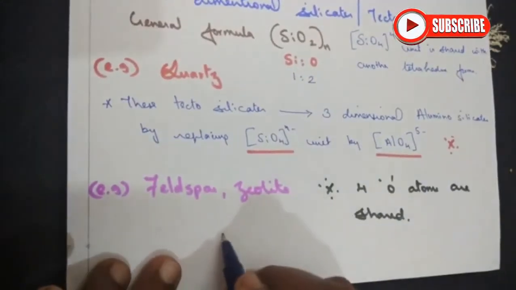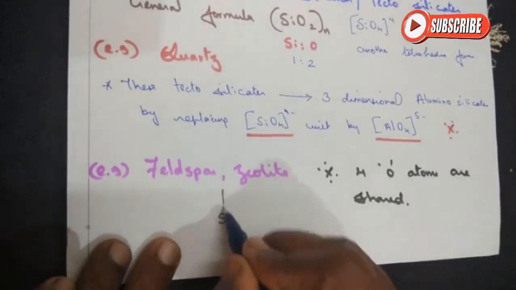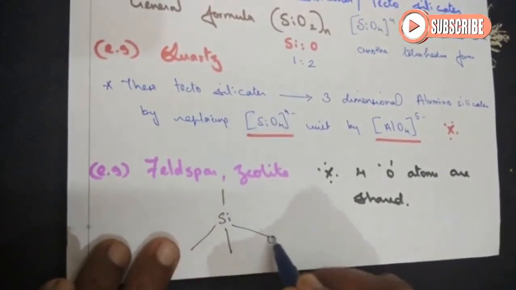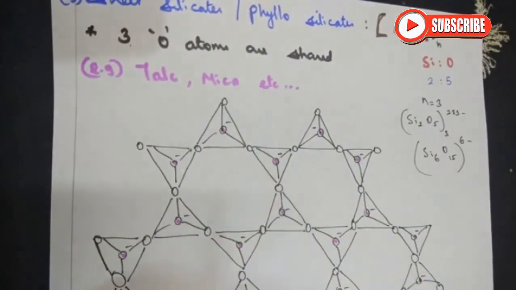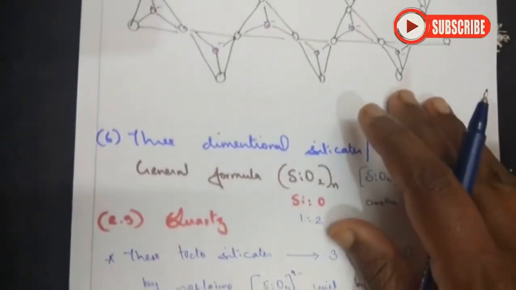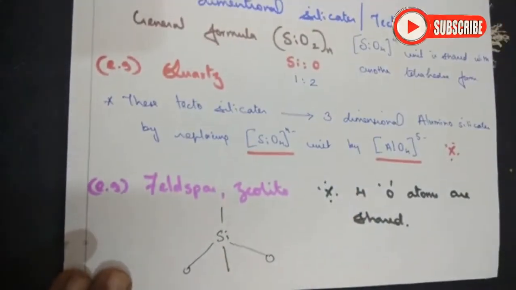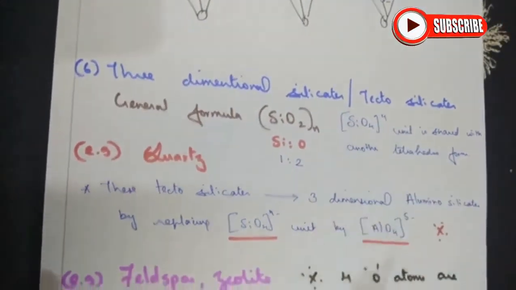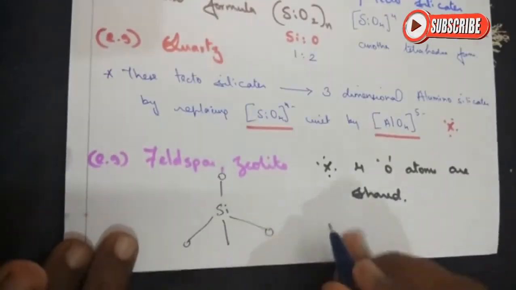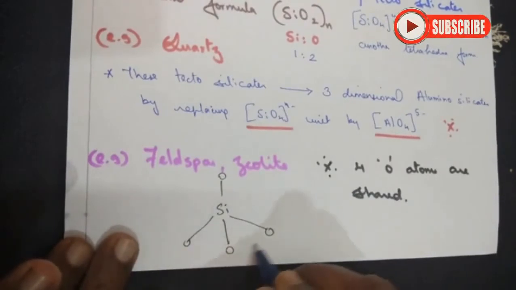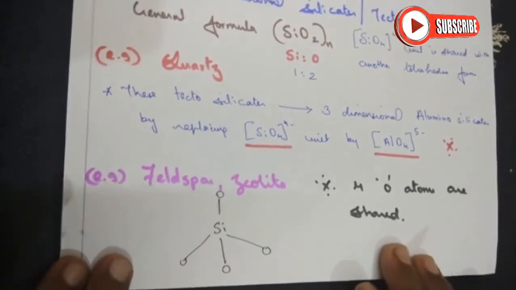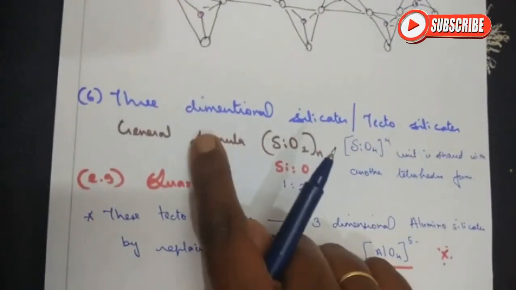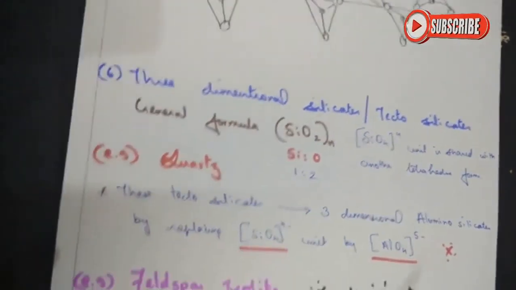If you want to remember, till the sheet silicates, the oxygen behind the plane does not participate in the bonding. And when we say 3-dimensional or tectosilicates, the oxygen behind the plane also participates in the bonding. So all 4 oxygens are bonded, thus we get a 3-dimensional shape of it.